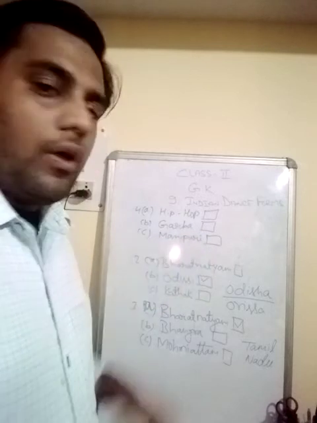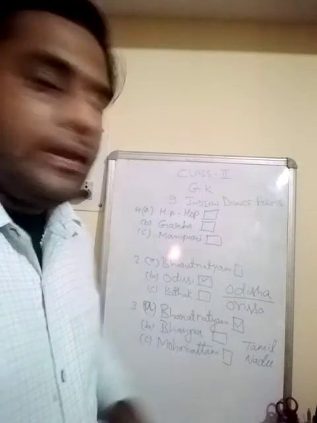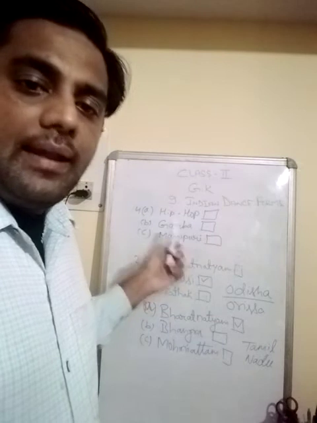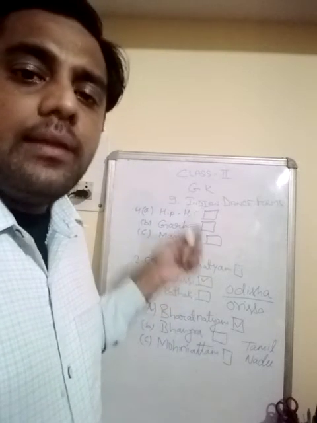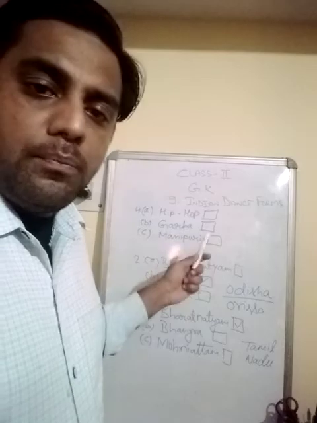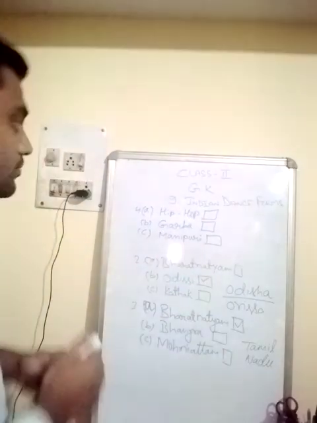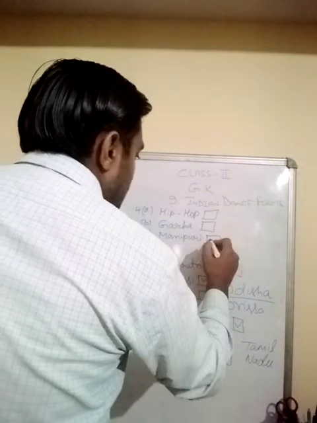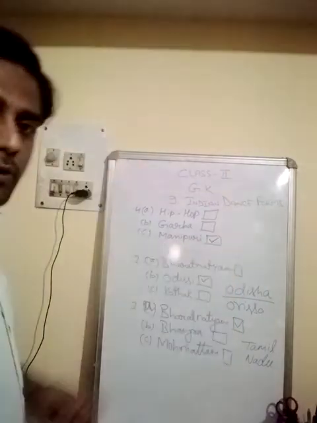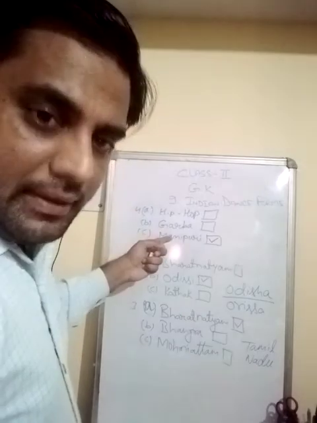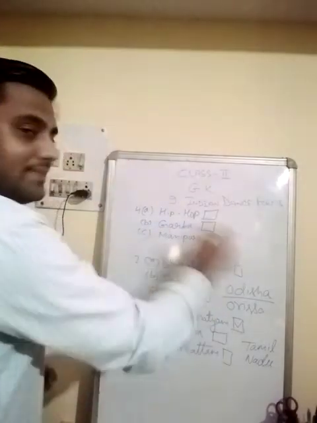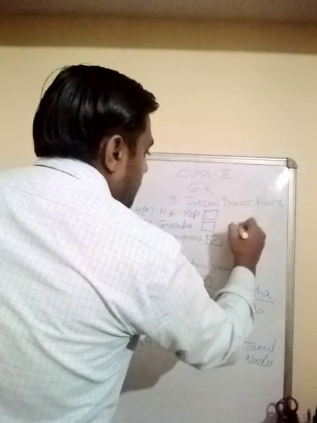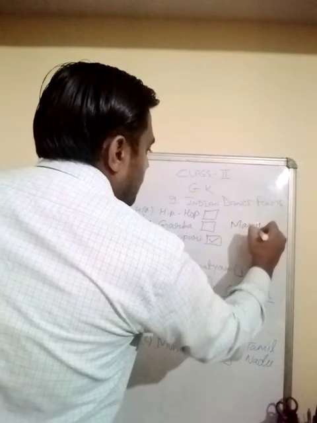And the last option is Manipuri, Mani, Puri, Manipuri. And the correct option for this pick is option C, Manipuri. The name itself suggests it is very popular in Manipur.